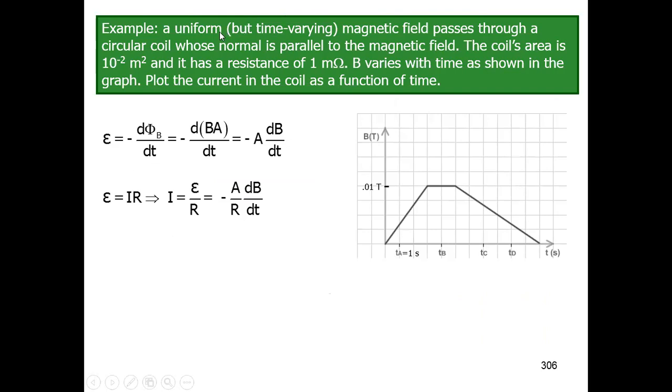As you can see, a uniform but time varying magnetic field. This is very, very important. What is the meaning of a time varying magnetic field? This field has been created by passing a time varying current. Which current is the time varying current?